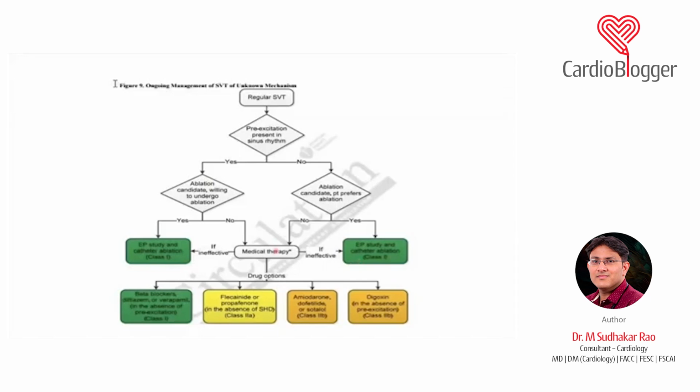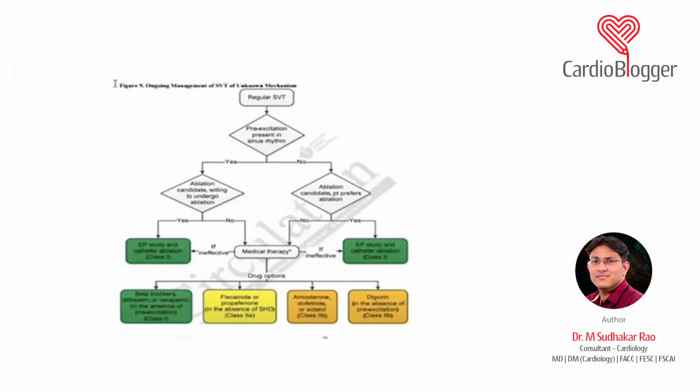So the first choice will always be a beta blocker like propranolol or metoprolol, and if you have a contraindication like bronchial asthma, you can try a calcium channel blocker like diltiazem or verapamil, which can also be useful. If the patient still doesn't respond to this group of drugs, ideally you should again go for ablation.